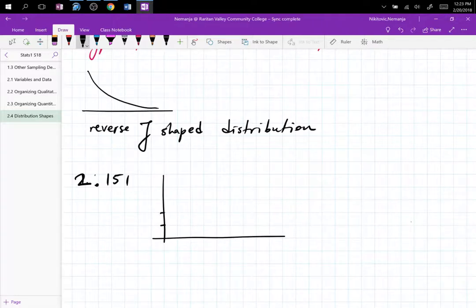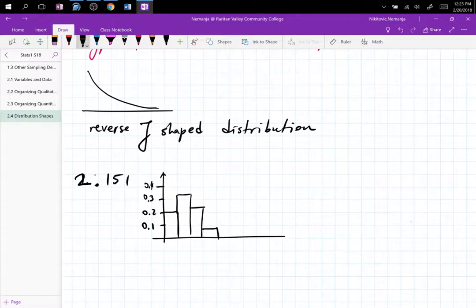So we have 2 down, more than 3, down about here, down, and then less than 1, so here 0.1, 0.2, 0.3, 0.4, and then we have more of these that are going down.